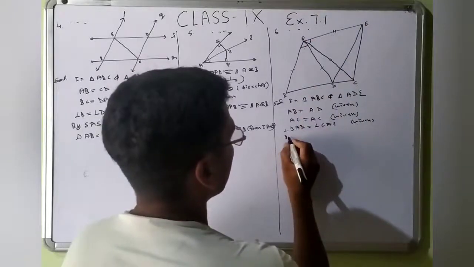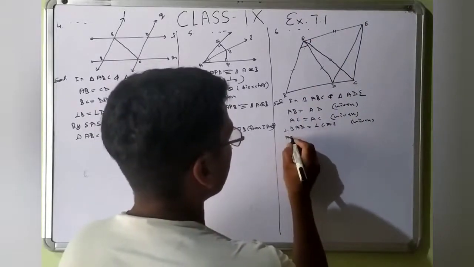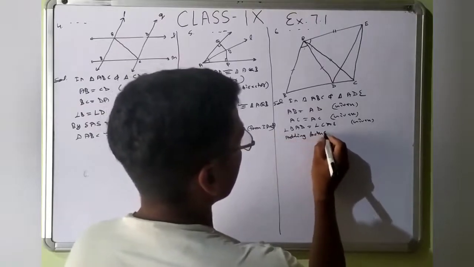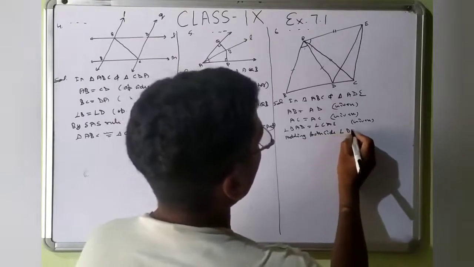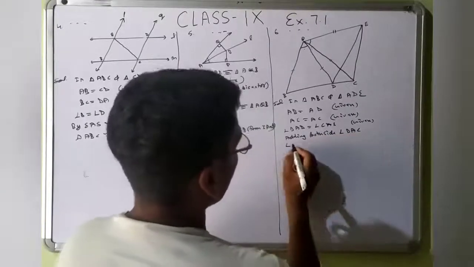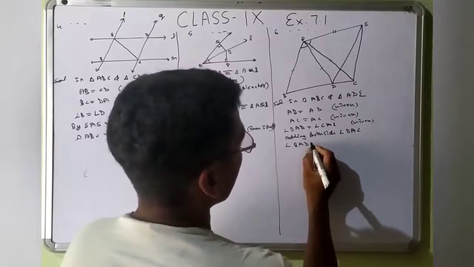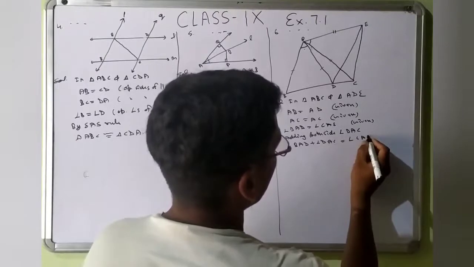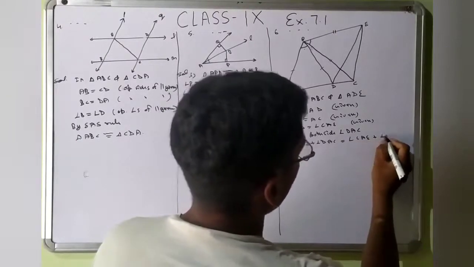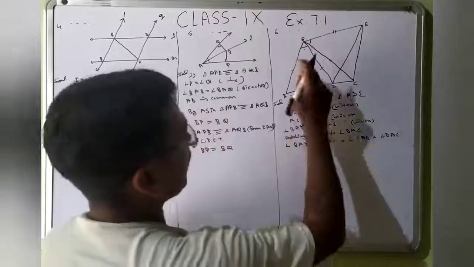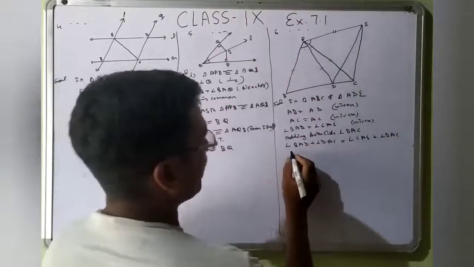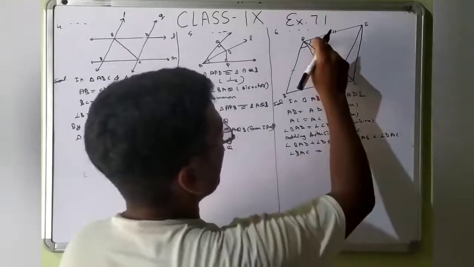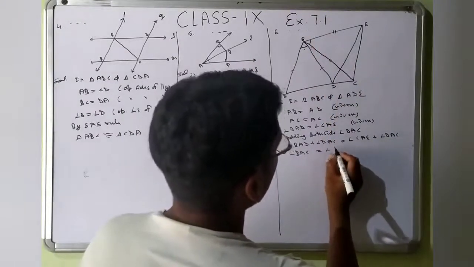So adding both side, angle BAD plus angle DAC is equal to angle CAE plus angle DAC. So if we add this angle and this angle, that will be angle BAC is equal to, if we add this angle and this angle, that will be angle DAE.